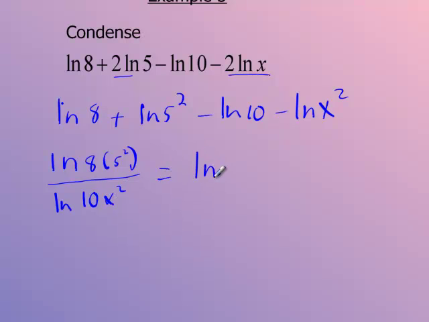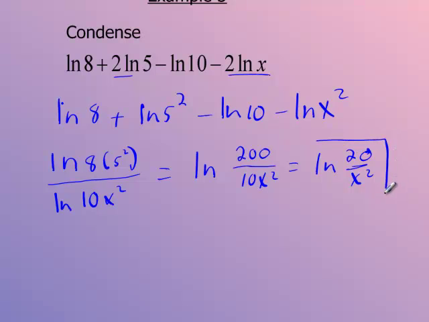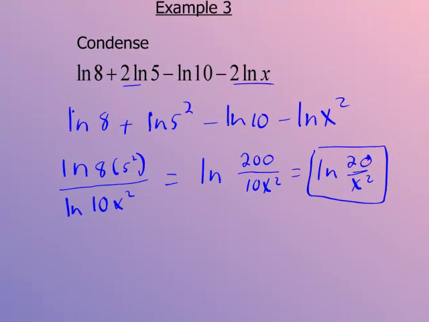So I'll just combine this into a single log statement. So that's our goal, to combine this into a single log statement. So I'll do 5 squared, which is 25, times 8, which gives me an even 200. And then I'll have 10x squared, and of course I can reduce that, so then I'll have the natural log of 20 over x squared. And so that is condensed and simplified.